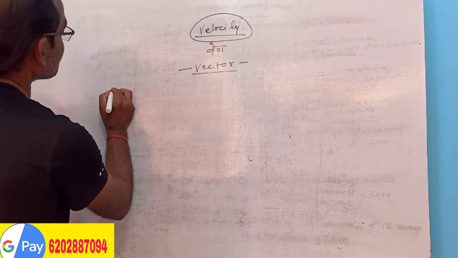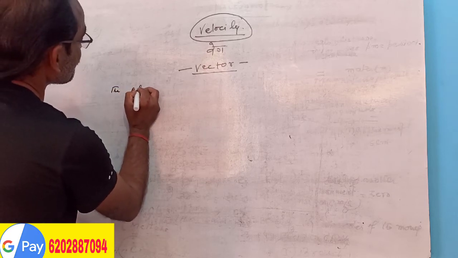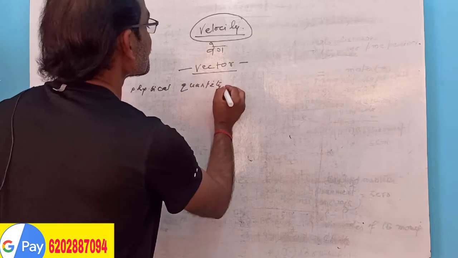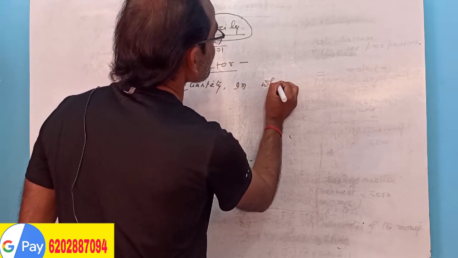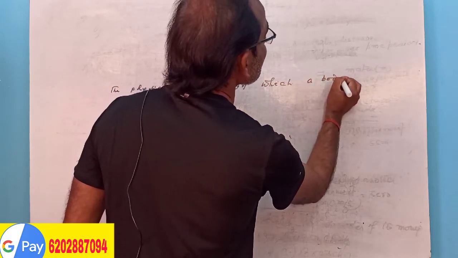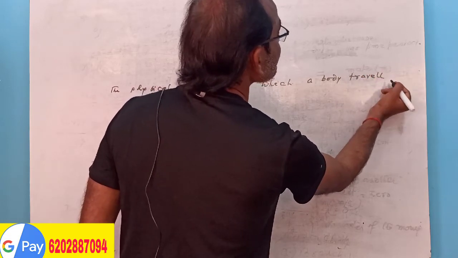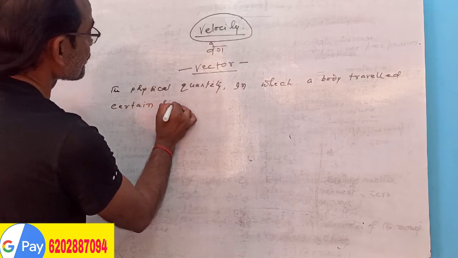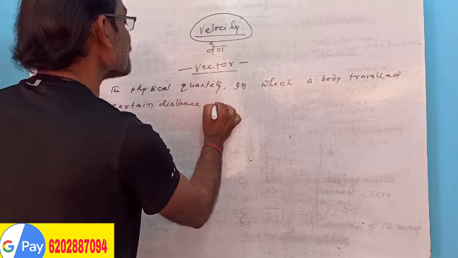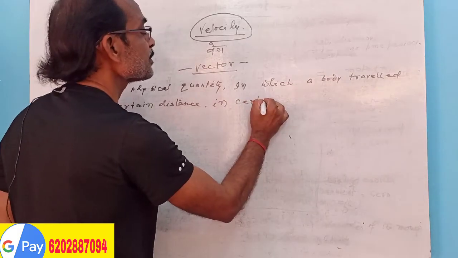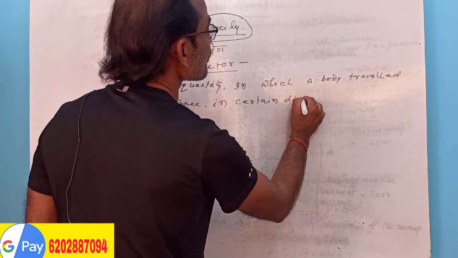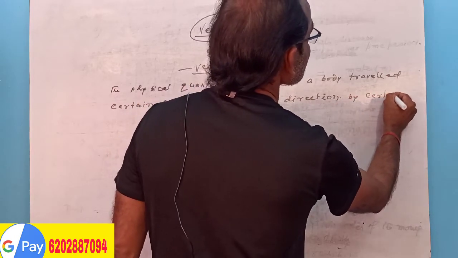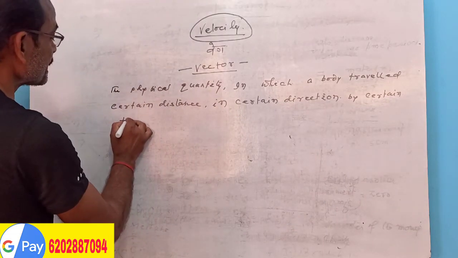Here the physical quantity in which a body travels a certain distance in a certain direction by a certain time period.